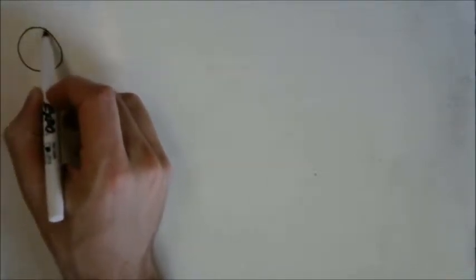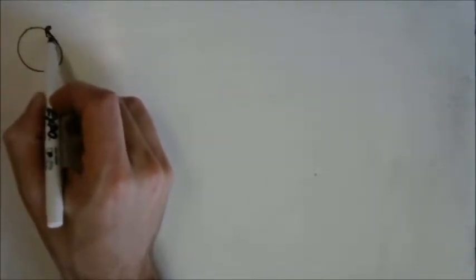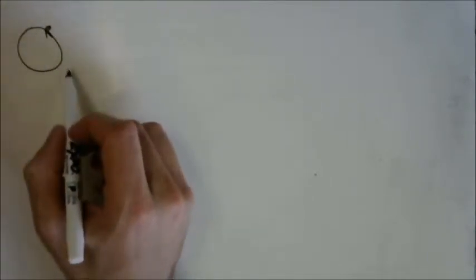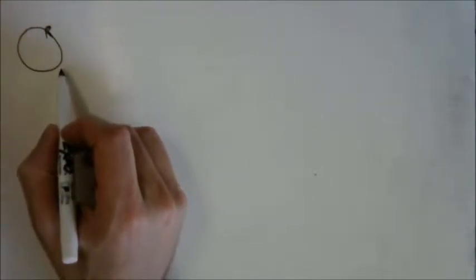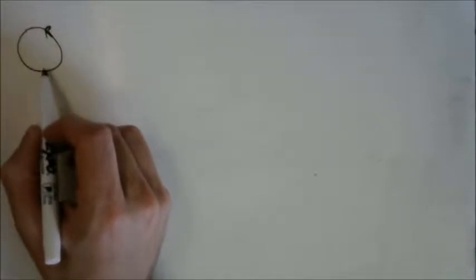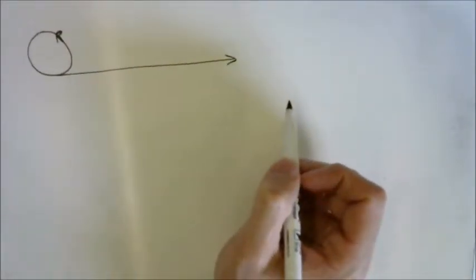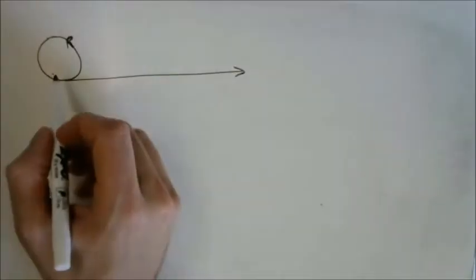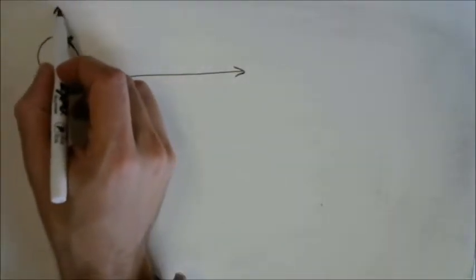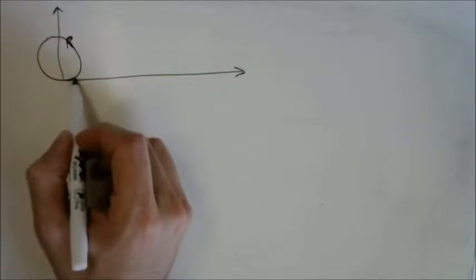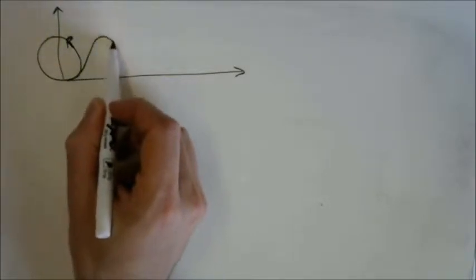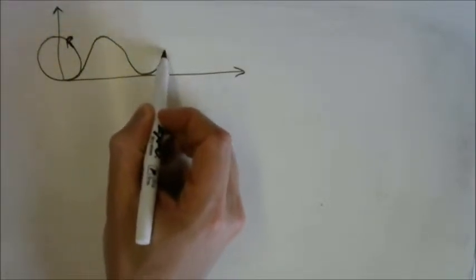So we've got this picture of this rod going around and around, and over time, which is going to be our horizontal axis, it's going to have a vertical displacement. So it's going to go either up or down. This is what the wave will look like.